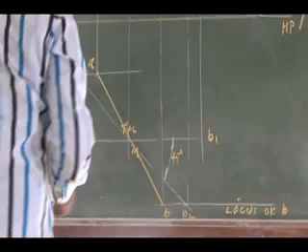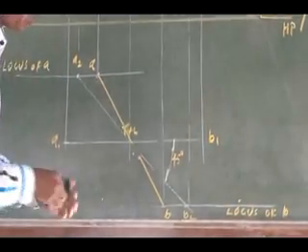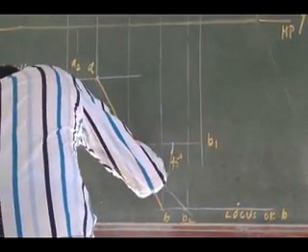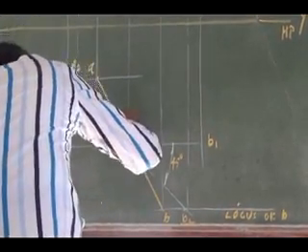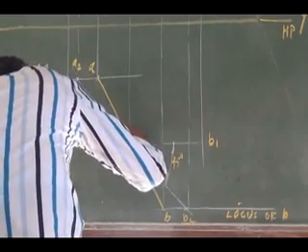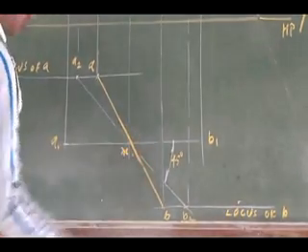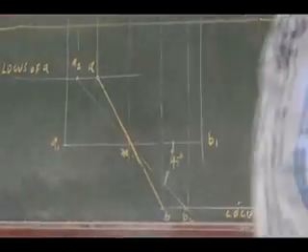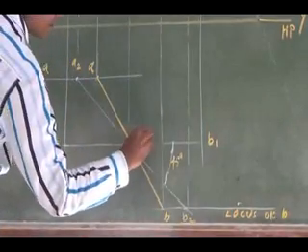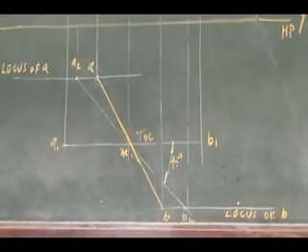So I can join this A and B. This is my M. Is it clear? This is going to be my final projection of the front view and top view.